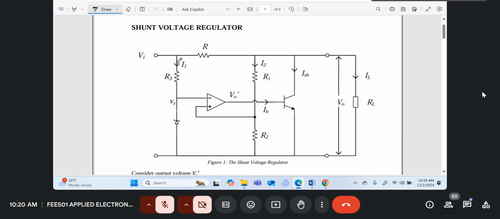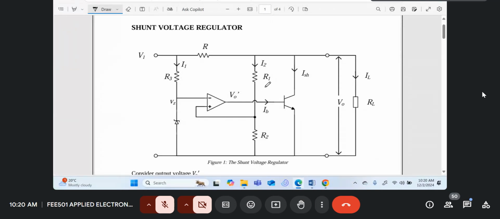If you want to be very critical, you can include it. But this current is normally negligible. Normally, we just want it to bias our reference circuit so that it gives us a stable voltage VZ. Since it's normally a very small current, I can neglect it.